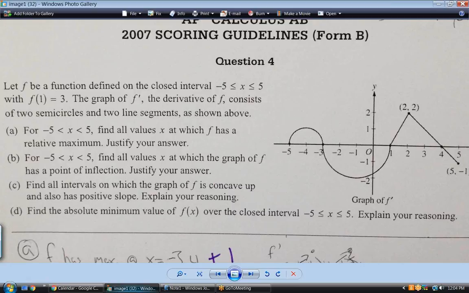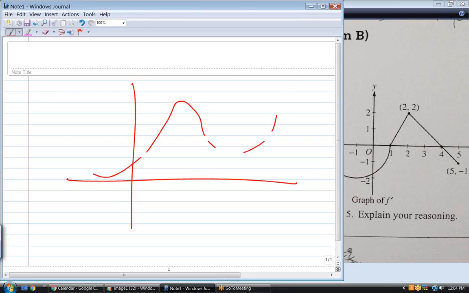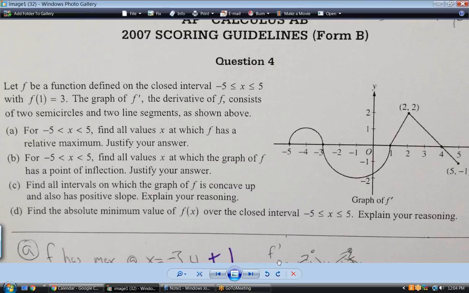Now, if I have a function like that, for something to be a relative maximum, the slopes have to go from plus, plus, plus to minus, minus, minus. If something is a relative minimum, they have to go minus, minus, minus to plus, plus, plus. Okay? So, let's use that test.